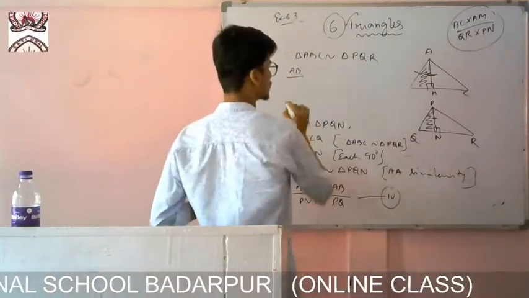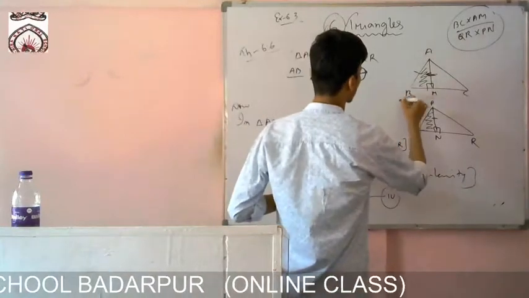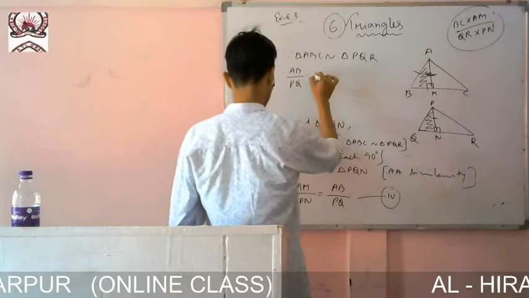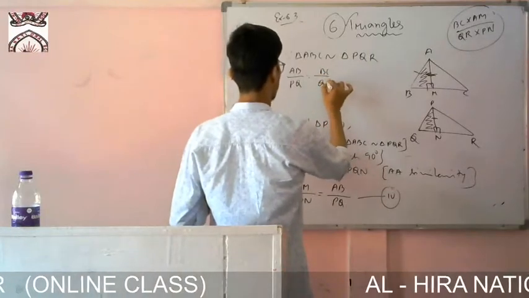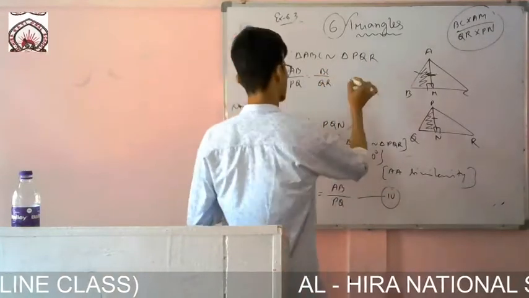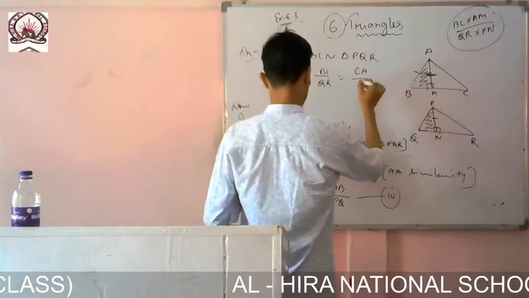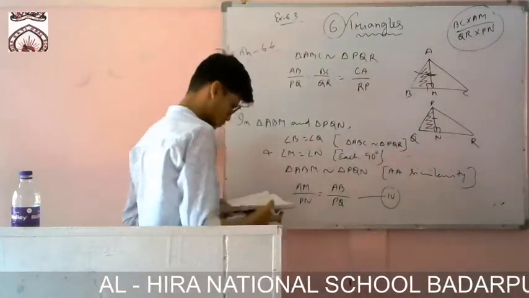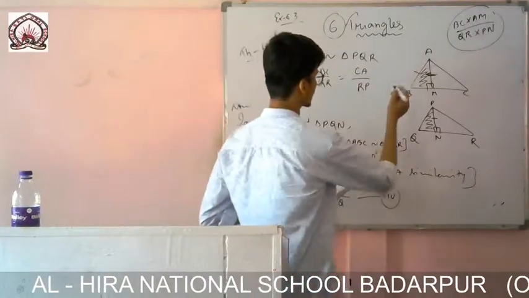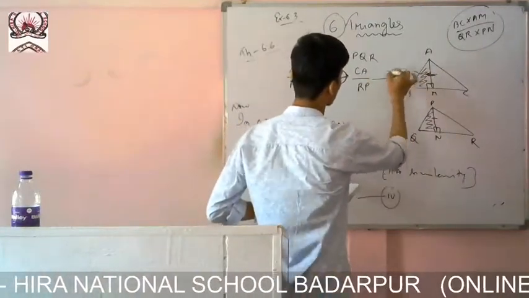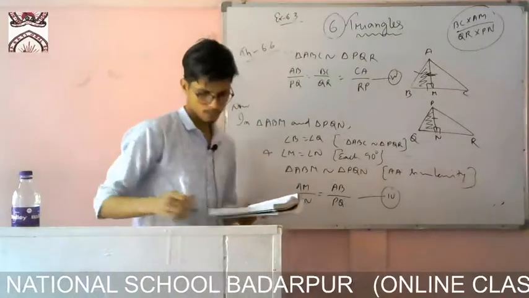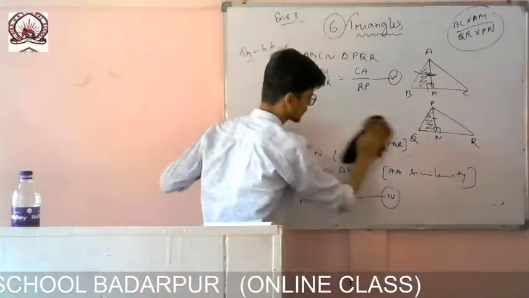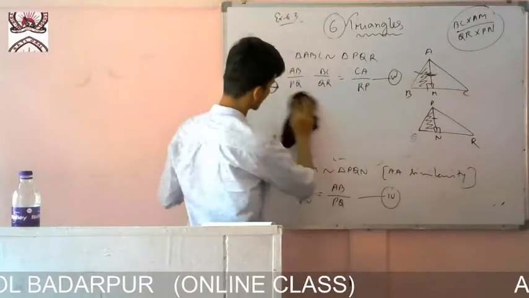So AB by PQ will be equal to BC by QR will be equal to CA by RP, or you can write AC by PR, it's up to you. This is another equation, equation number 5. So we have got another one. Now we'll try to relate what we have got.